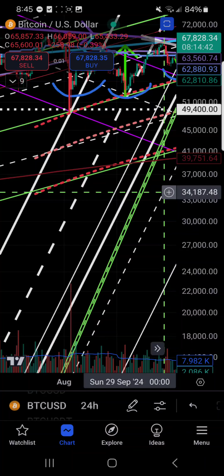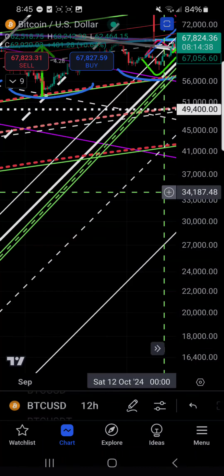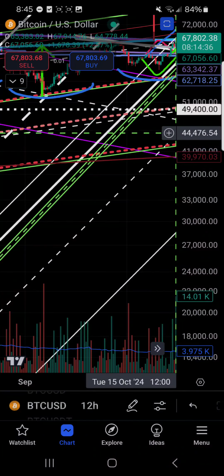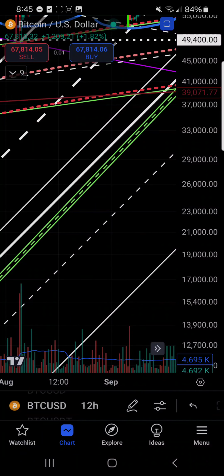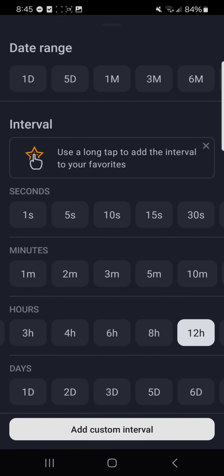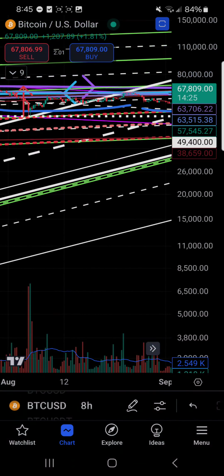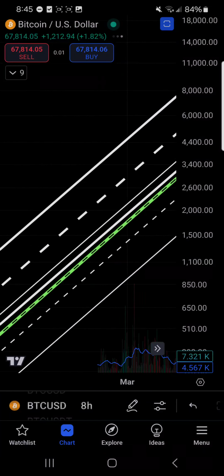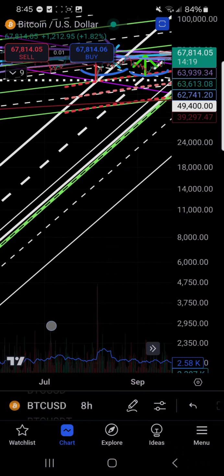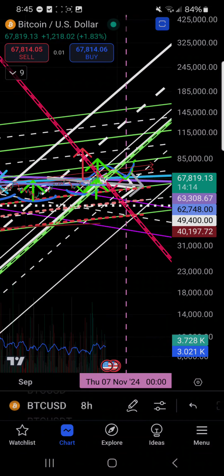Oh, it is. Now if we go on a 12-hour, it's a little bit straighter. And then even on an 8-hour, just to show you what happens if you don't anchor your points on certain things.